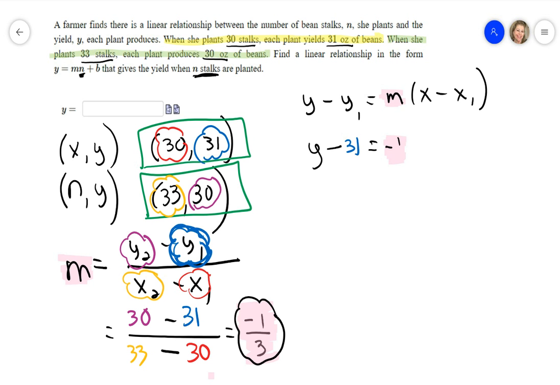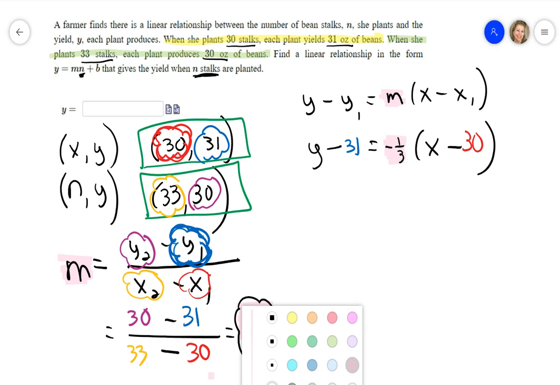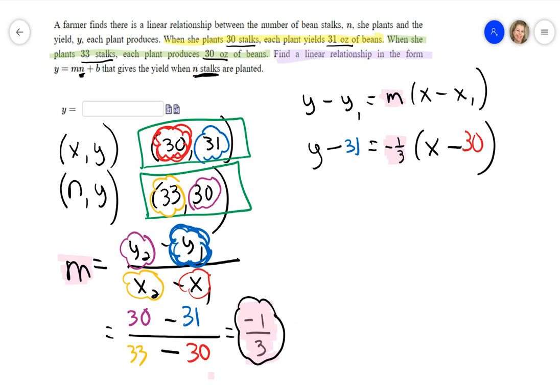And then there's my -1/3, and then x minus x sub 1, and my x sub 1 I had was this 30 here, so 30. Now, what I have to do is simplify this, because it does say up here, find the linear relationship in the form y equals mx plus b. So I have to solve this for y.